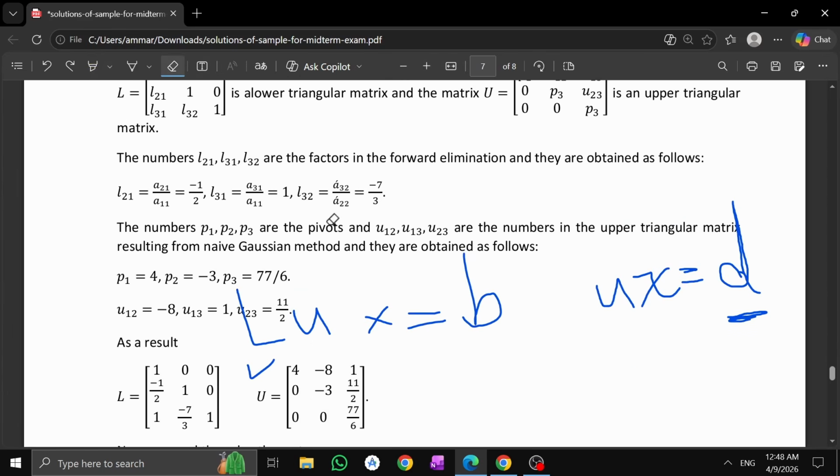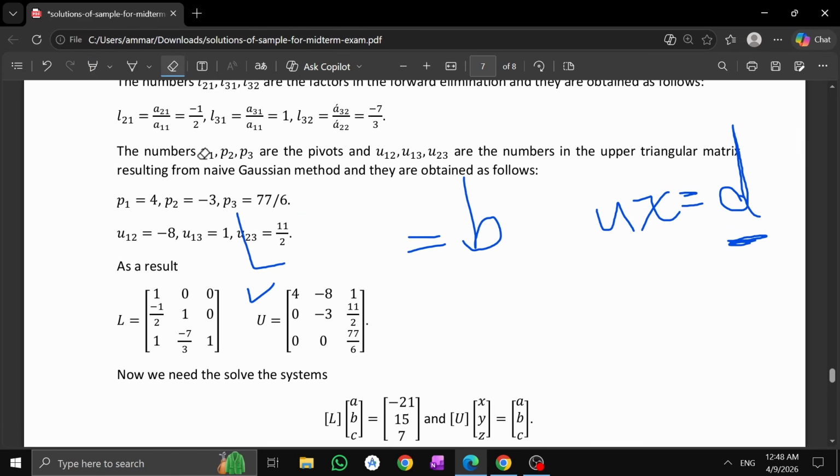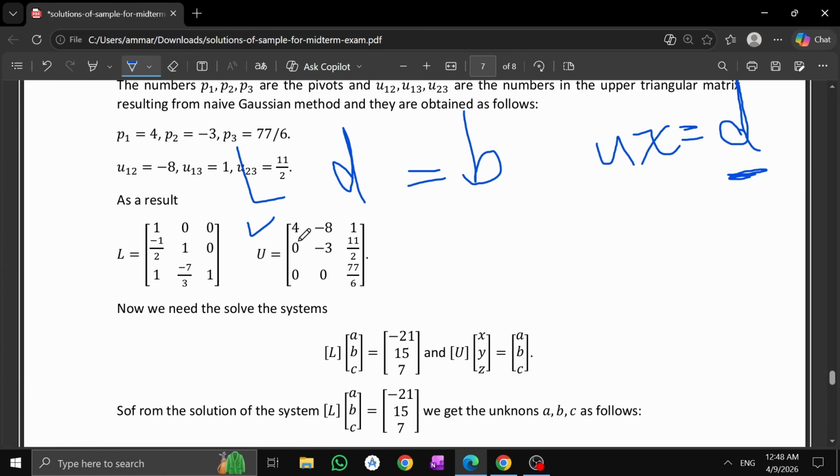So we can say basically LD is equal to B. Why would we do that? Because we already have L, we already have B. Now we can solve and find D, and if we find D, we already have U, so then we will get X. Let's see how this works.